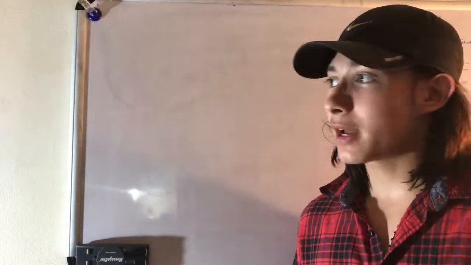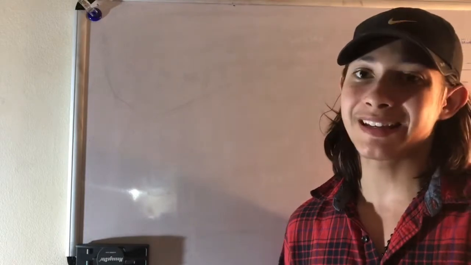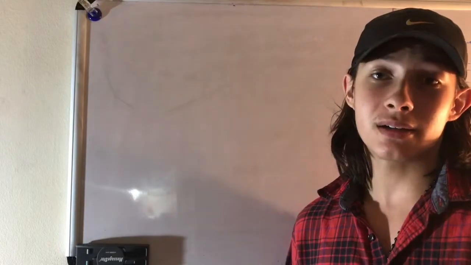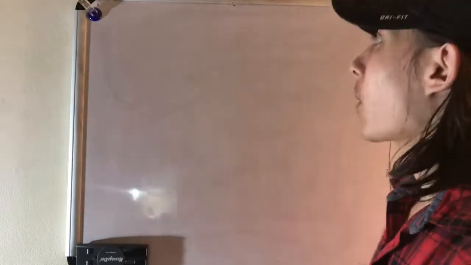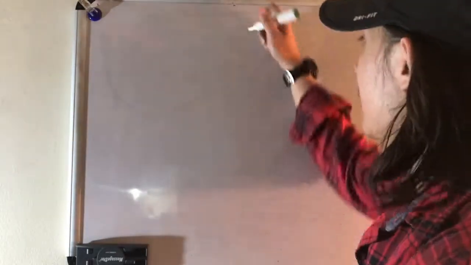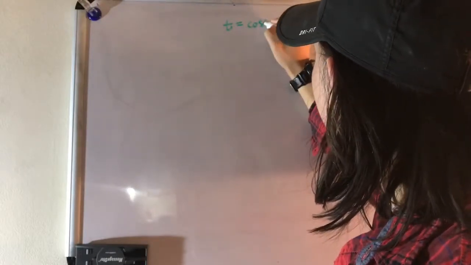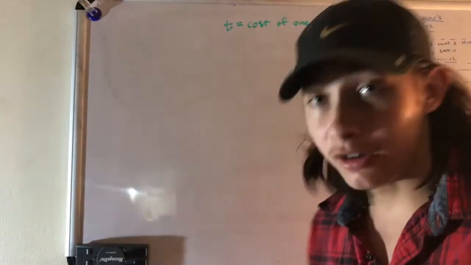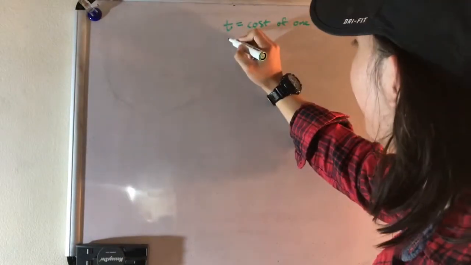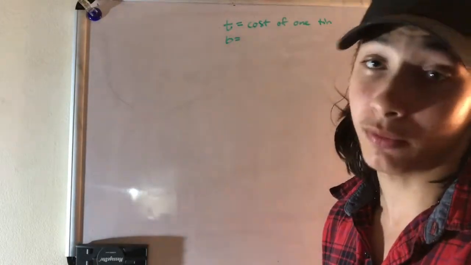Alright guys, so after I explain how to do this, it's not going to be too challenging for you. So we know that Lynn is buying tins of milk powder and bottles of oil. We're going to define our variables like this. T is going to equal the cost of 1 tin of milk powder, and B will represent the cost of 1 bottle of oil.